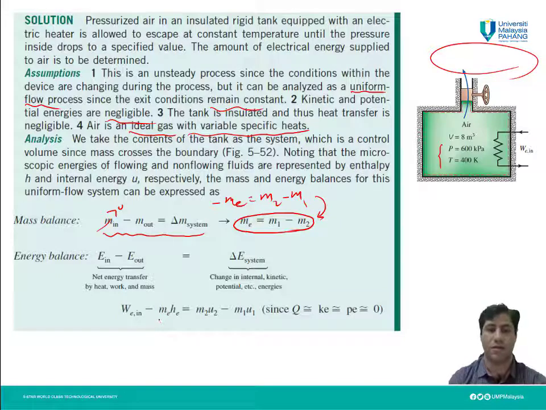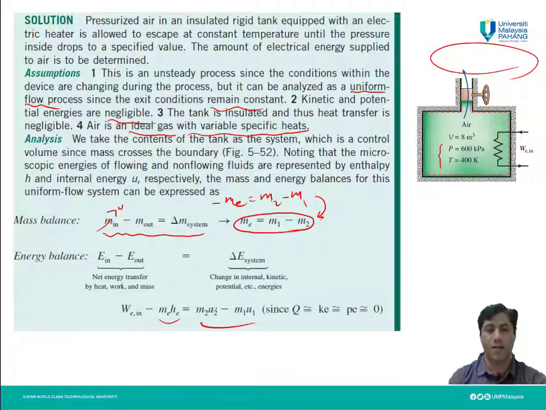of the system actually. M is the mass of the air which escaped from the tank, and h is the enthalpy of that air which is escaping from our control volume, equal to M2 U2 minus M1 U1. This is according to the equation which we have seen also in previous slides.